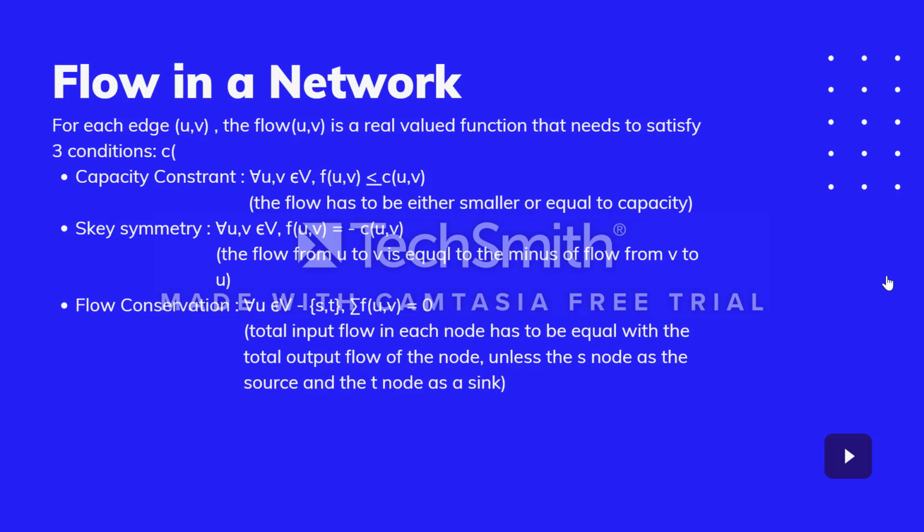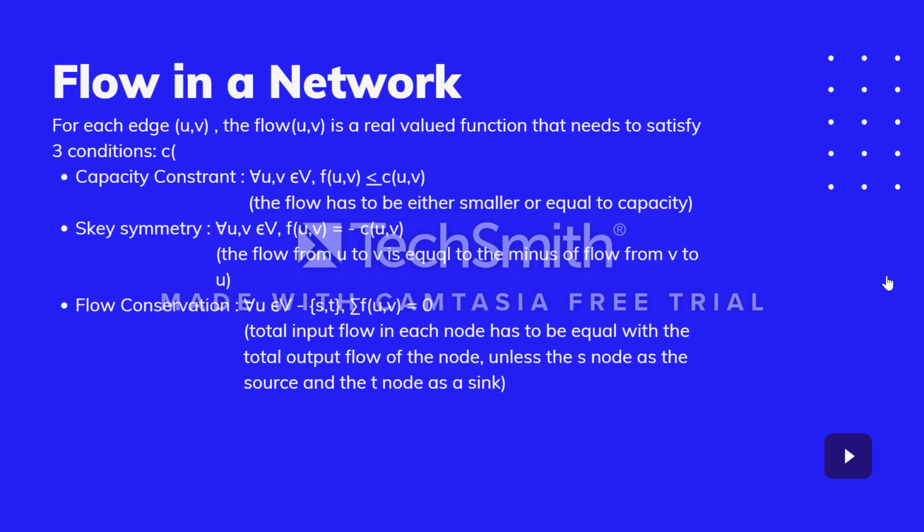For the skew symmetry, it states that the flow from U to V is equal to the negative of the flow from V to U. For example, if the value of the flow from A to B is 9, then the value of the flow from B to A is equal to minus 9. The last one is flow conservation.